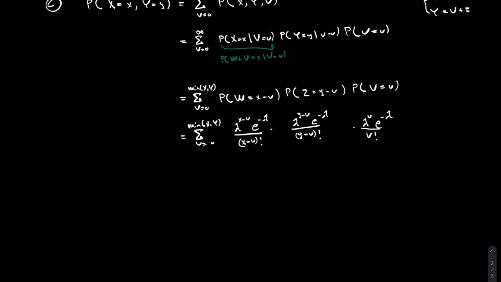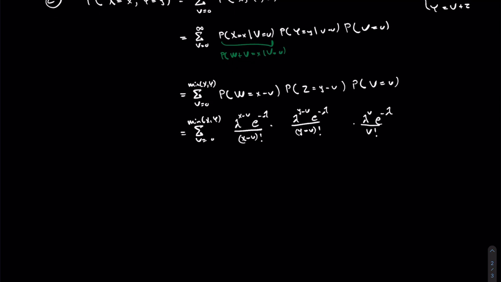Okay, and this we can simplify further if we want by pulling out the expectations, because they don't depend on the sum. But we were asked to leave this as a sum, so we're going to leave it like this.